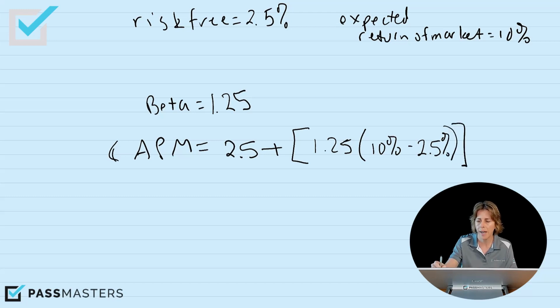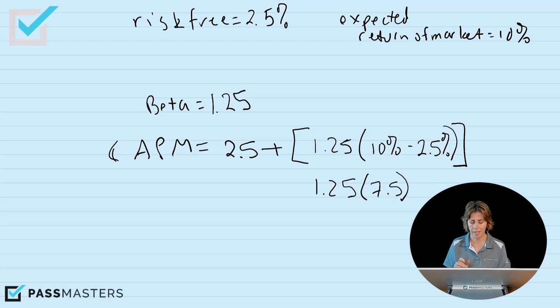So we're going to have 1.25 times 10 minus 2.5, which is 7.5. Don't forget to use your handy dandy calculator for this kind of math. 1.25 times 7.5, you get 9.375.